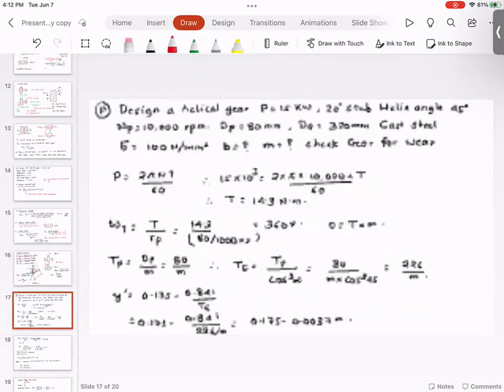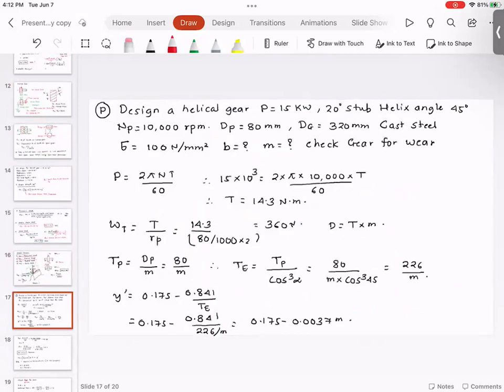Then if you look at this design, in this problem, we have to design a helical gear, and to be honest with you, the helical gear is pretty much designed. The only thing we need to do is find out the value of B, find out the value of module, and just check the gear for wear.